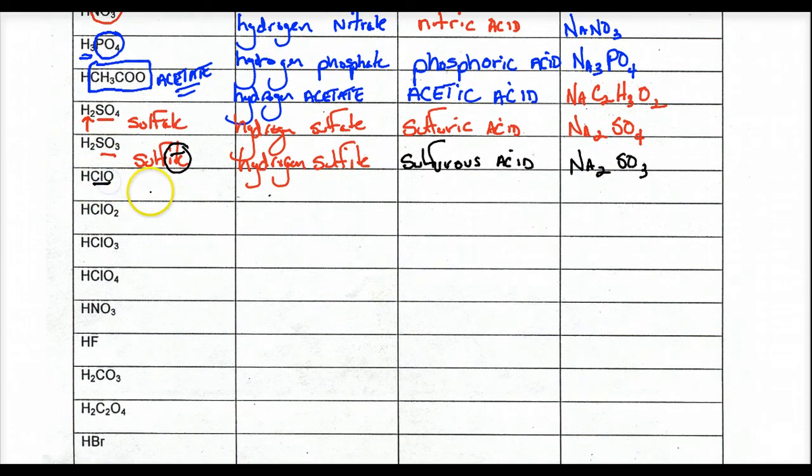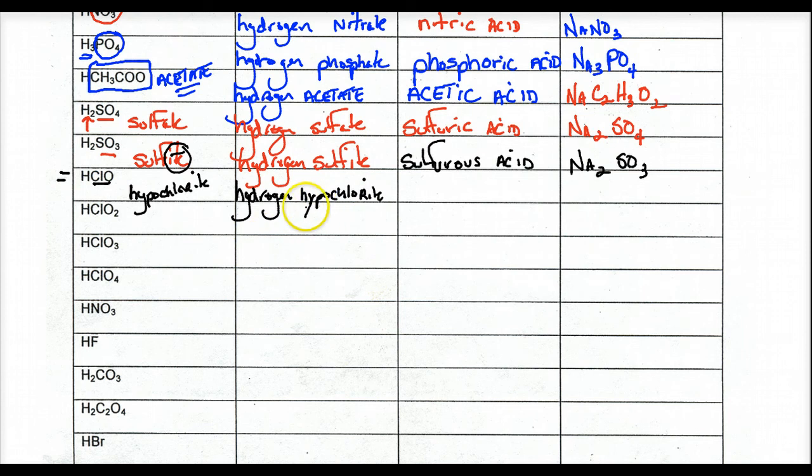All right, let's go down to these guys. ClO, well, that is the hypochlorite ion. Again, it's something you either know or you can go to your table. So this would be hydrogen hypochlorite.